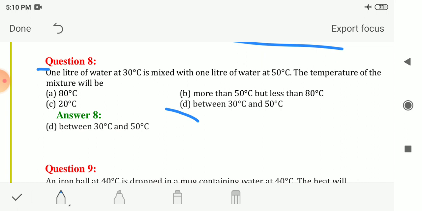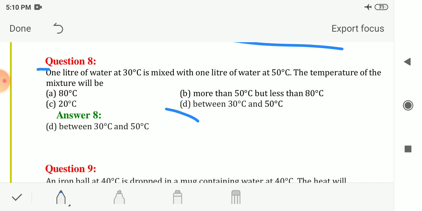Why is this so? Because, as we had seen, heat is transferred from the object which has the higher temperature to the object which is at the lower temperature. So from 50 degrees Celsius, the heat is transferred to the water which is at 30 degrees Celsius.